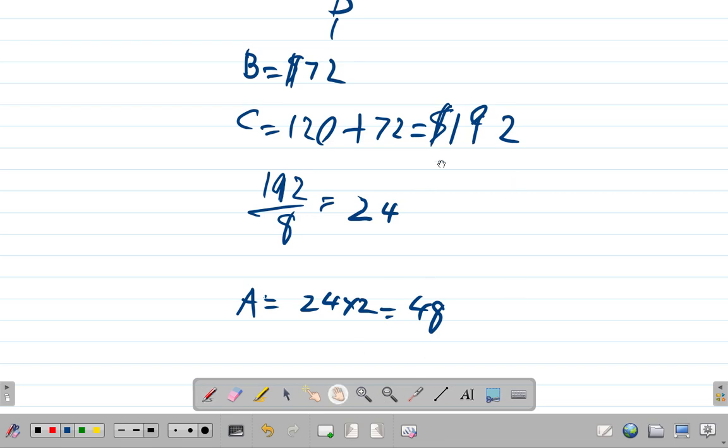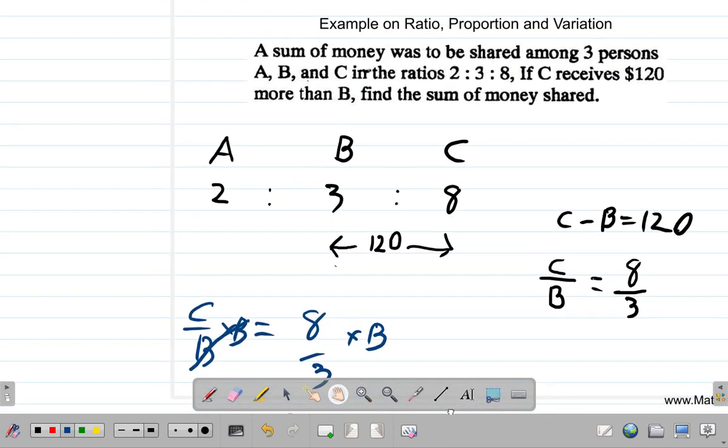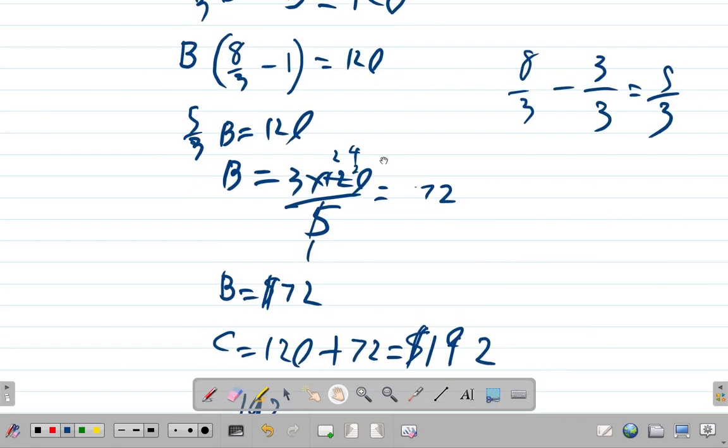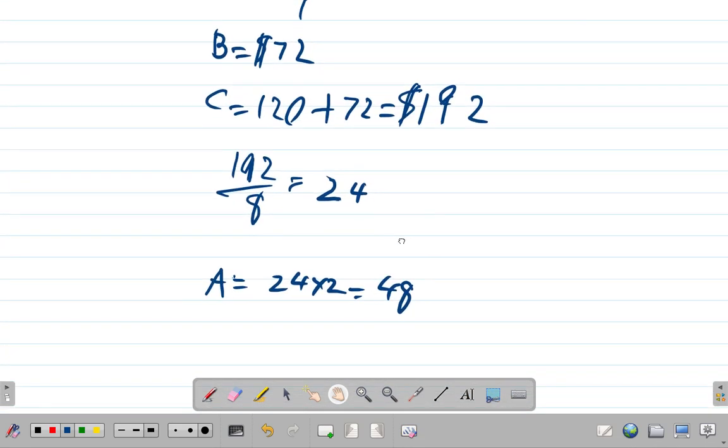You could also see here that if C got 8 parts and A got 2 parts, then A got 1/4 of C, a quarter of C. In other words, C's money is 4 times larger than A's.